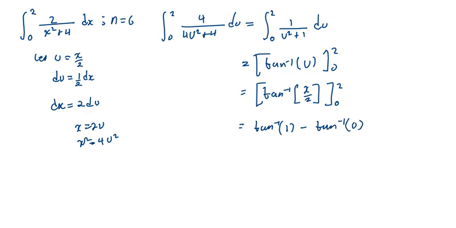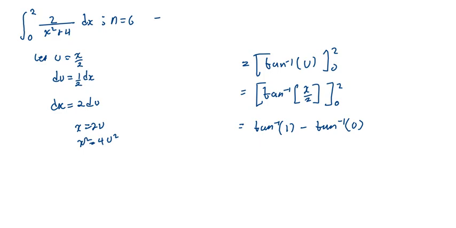Remember your calculator is supposed to be in radians, and if you punch that in the right way, ensuring that it's in radians, you're going to end up with a value of something like 0.785398163.